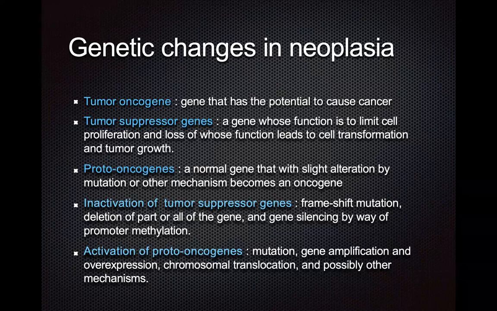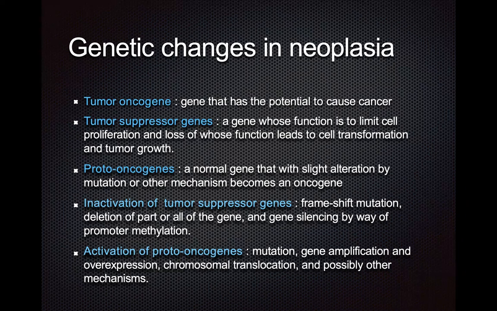So when the blueprint changes, the cells lose their physiologic function and tend to go out of control, and we cannot control the proliferation, the division, the multiplication and such.